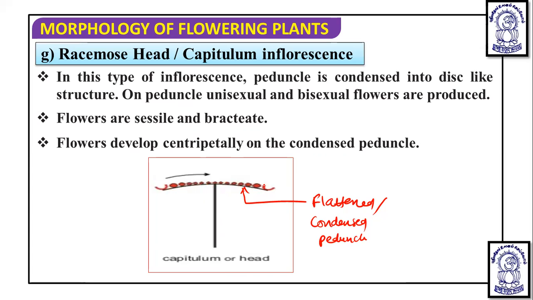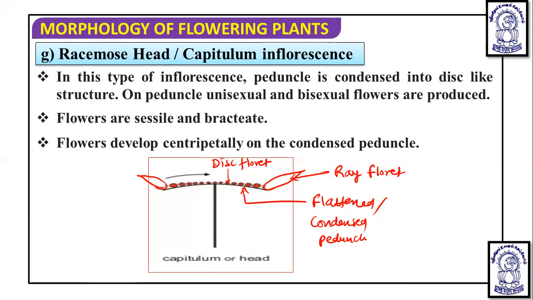Now here you will see some leaf-like structures that are known as ray florets. And here you will see the structures that are known as disc florets. And disc florets are arranged centripetally, so towards the center, the younger flowers of the disc florets are there.